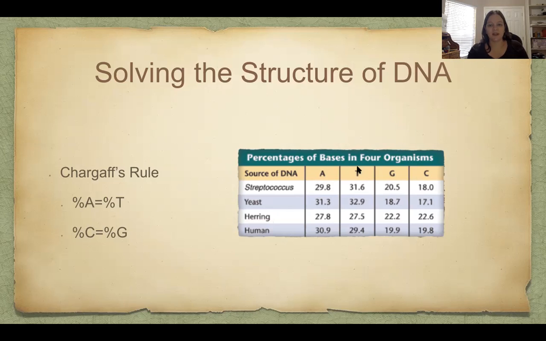Okay, so the percentage of A, T, G, and C. And what he found was that the percentage of A, adenine, is approximately equal to the percentage of thymine. And the percentage of cytosine is approximately equal to the percentage of guanine. Okay, so you can see it doesn't, I don't think for any of these it's identical, but they're close. They're approximately equal. So he didn't really know the significance of that, but it was kind of an interesting find.